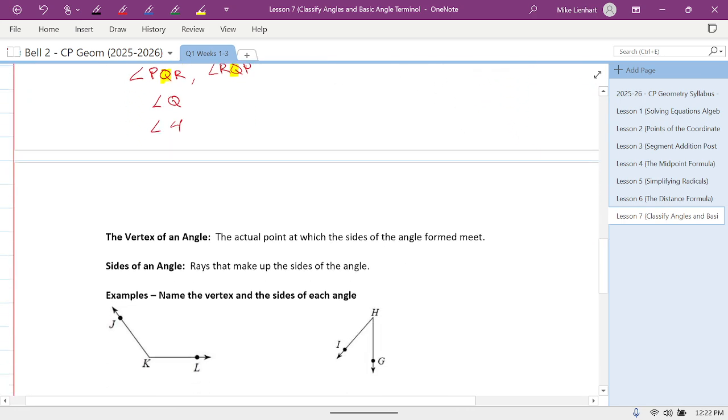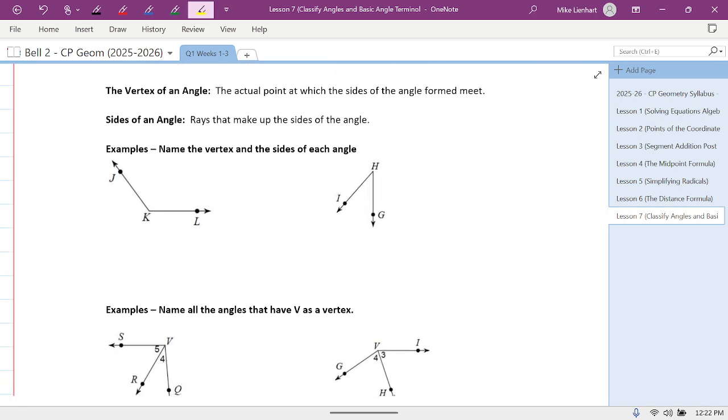Now, the vertex of an angle, as we described before, is that actual location where the angles share that common endpoint. Okay? The sides of an angle, remember how an angle is formed, are the rays that make up the angle. So, in the next examples, they want us to name the vertex and name the sides. All right.